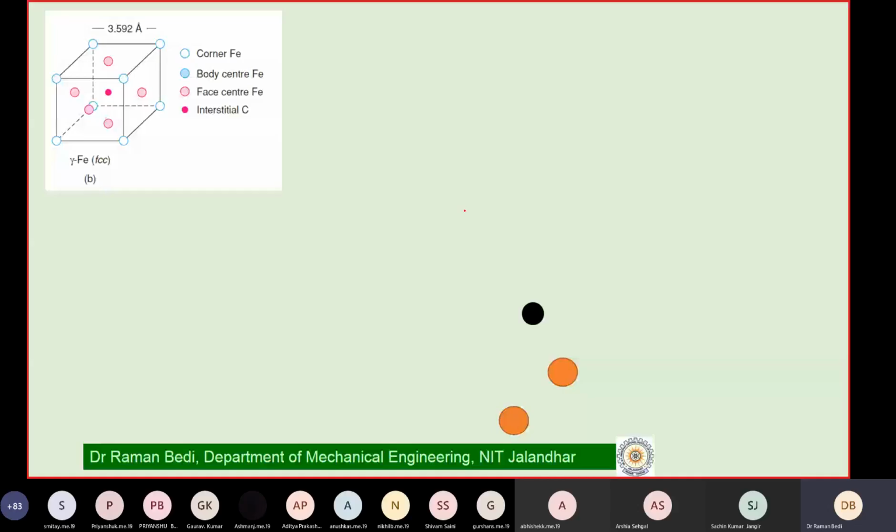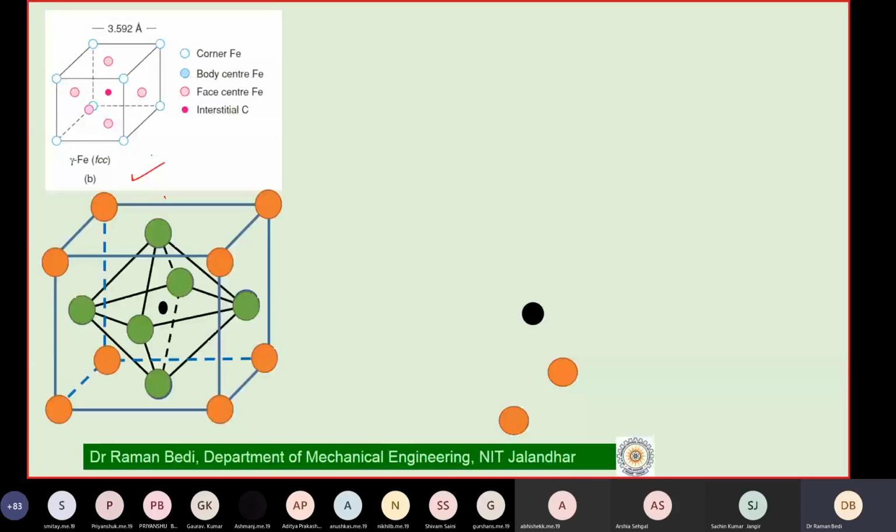When we talk about gamma iron, the FCC unit cell, we have said that the interstitial was here, and this interstitial is a regular interstitial. If I talk about the a value of 3.592 angstroms, being a cubic one, this is 3.592 angstroms here, and the same here, and the same here, because it is all a in a cubic system.